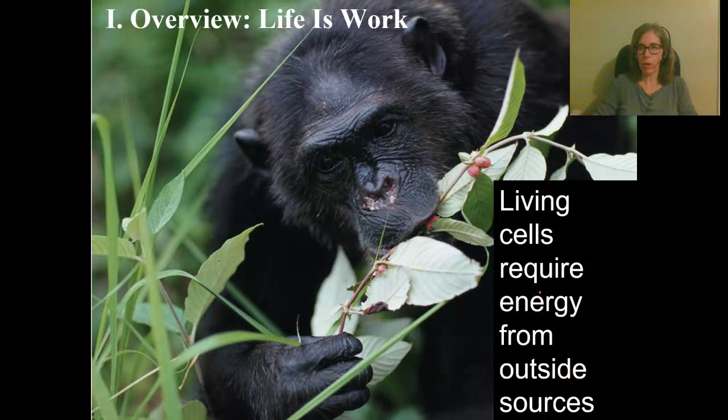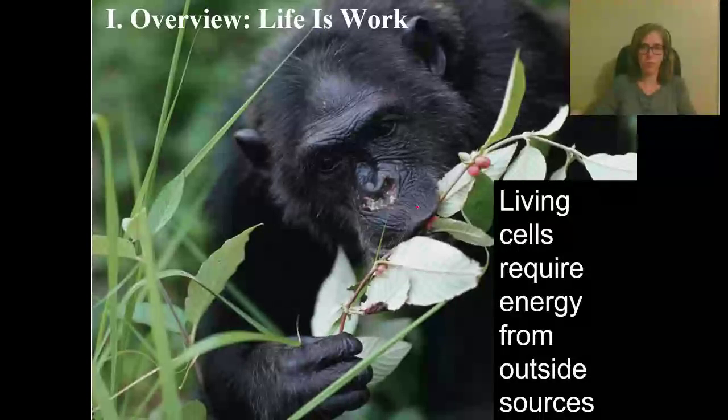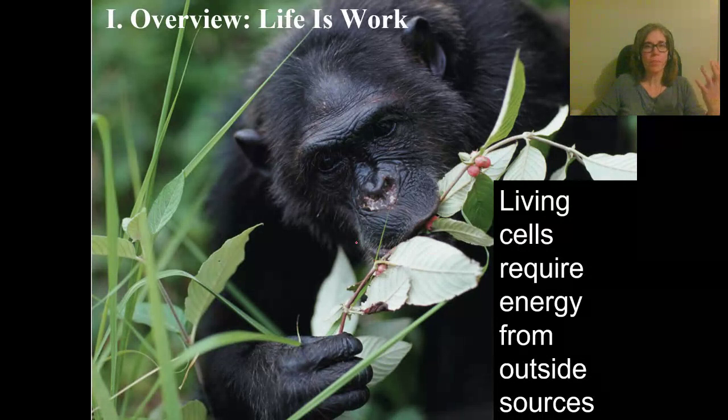Living cells require energy from outside resources. If you are a gorilla or a human, you're going to need to get it from food. If you're a plant, you can make it from sunshine, which is so cool. But even with them, they use photosynthesis to make sugar, and then they're going to break that sugar down and convert it to ATP at some point anyway.